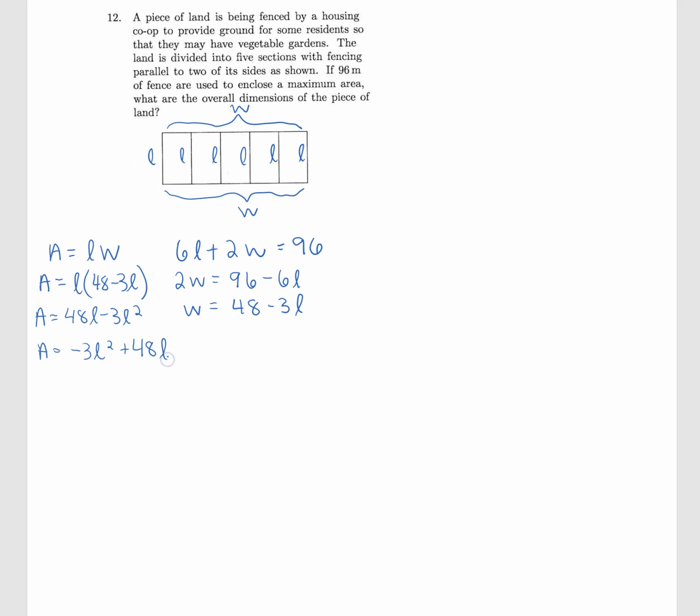And this is just to make it a little bit more obvious that what we have here is a function that's in the form y equals ax squared plus bx plus c. And what we want to do is change this function to the form y equals a times x minus p squared plus q, because this form makes it a little bit easier to see where the vertex is, and the vertex is going to be our maximum area, which is the situation that we're interested in.